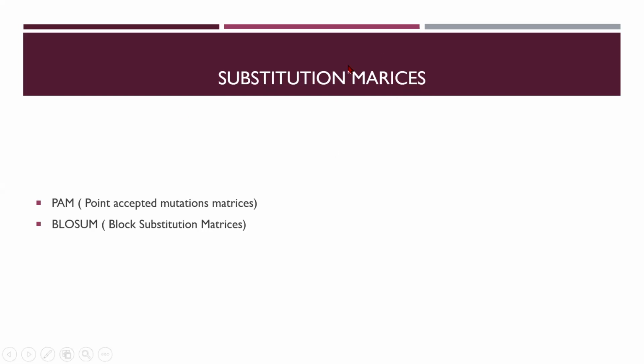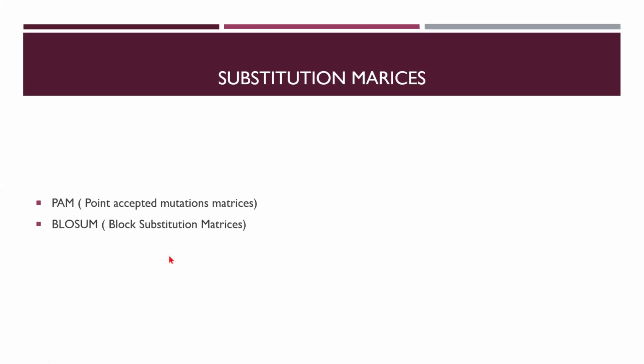What are these substitution matrices? The matrices which are developed based on the frequency of amino acid substitutions in the protein sequences that are present in nature. Two such substitution matrices are PAM. PAM is point accepted mutation matrices or percent accepted mutation matrices.